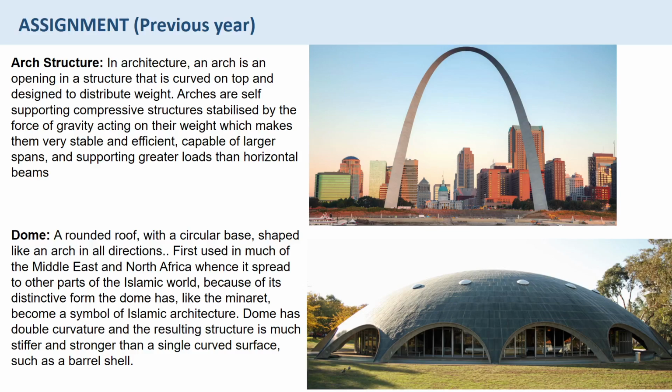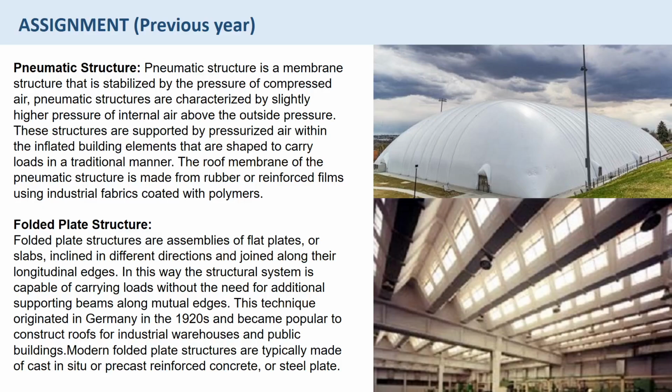First used in much of the Middle East and North Africa, whence it spread to other parts of the Islamic world because of its distinctive form. The dome has, like the minaret, become a symbol of Islamic architecture. A dome has double curvature and the resulting structure is much stiffer and stronger than a single curved surface such as a barrel shell. Then pneumatic structure and folded plate structure we have discussed in the previous questions in this session itself.